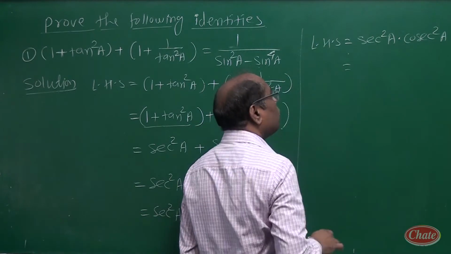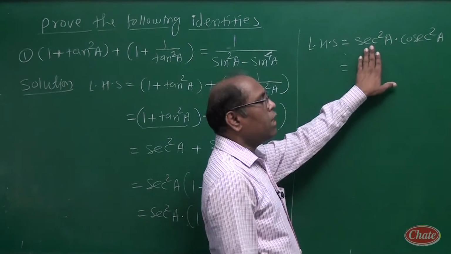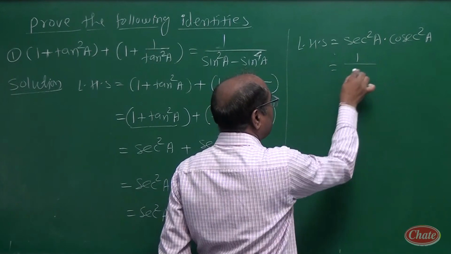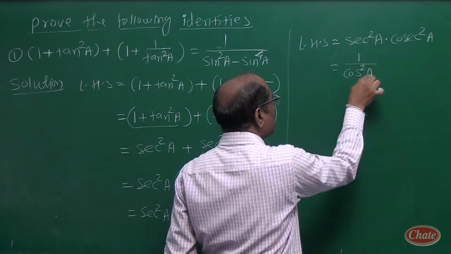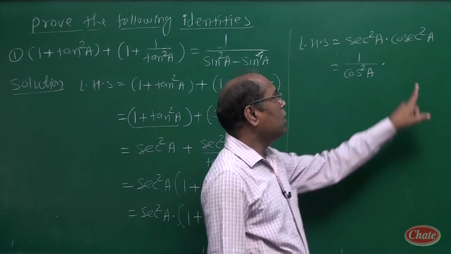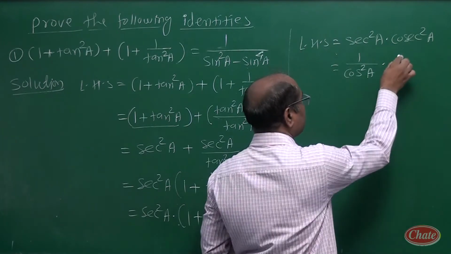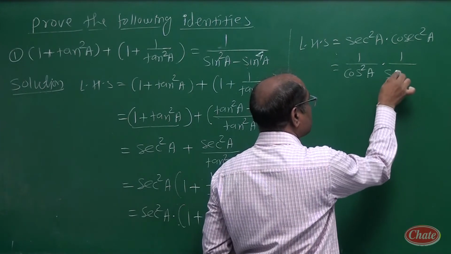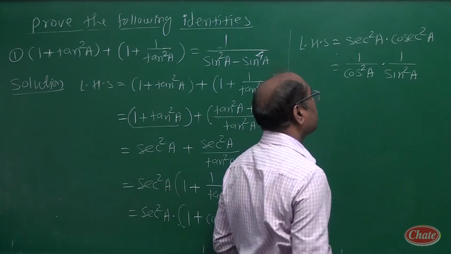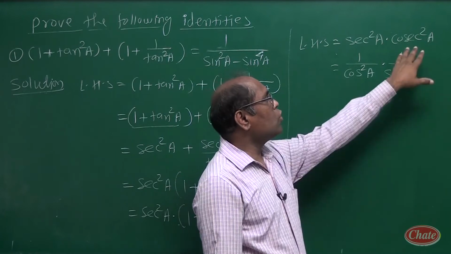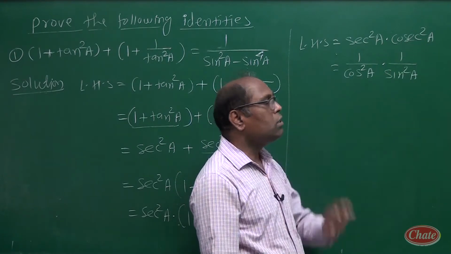So that is equal to, now we know that sec square a means 1 upon cos square a, and cosec square a means 1 upon sin square a.